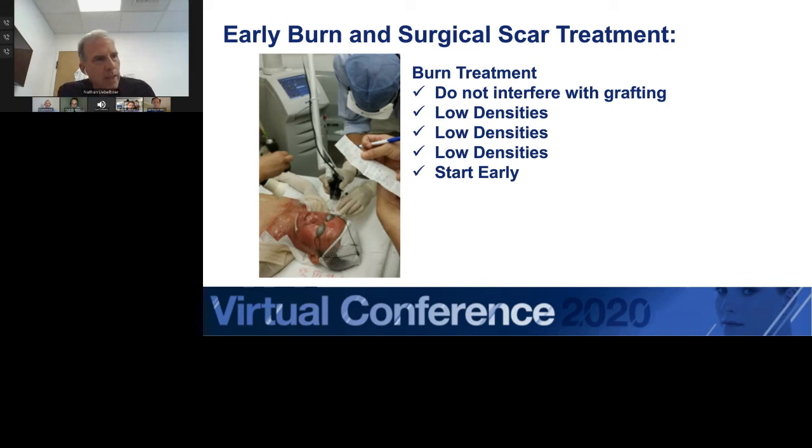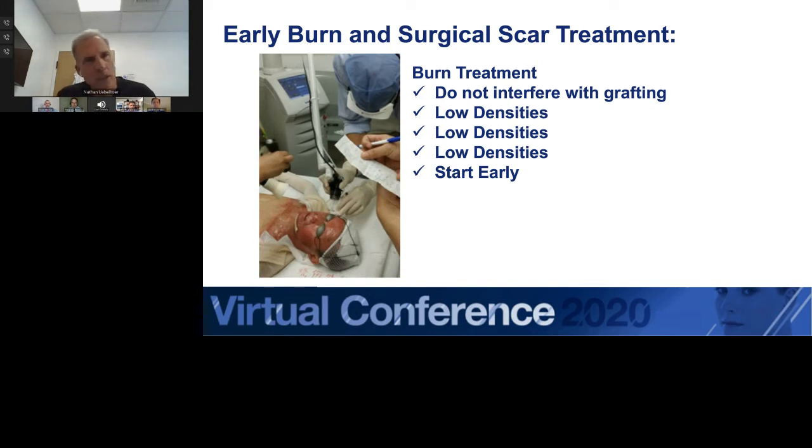Wait until those are done, and then, as soon as you can, start this treatment. Again, we're talking about a very, very specific treatment, a low-density treatment. So that's the first thing you want to remember when you're about to treat. You're not just lasing and trying to improve the scar with vascular lasers or other techniques or resurfacing. No, we're doing a very specific thing, low density.